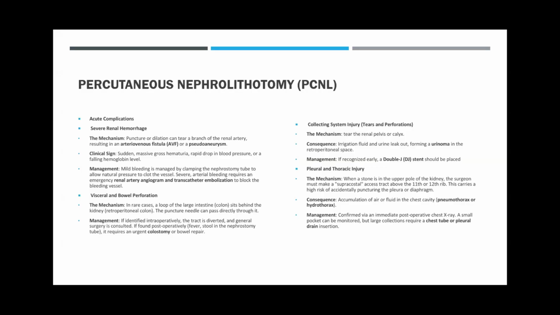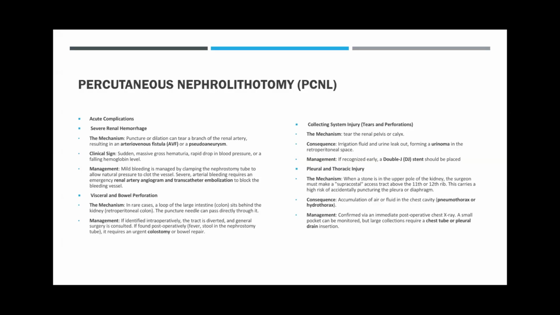Then also one of the acute complications is visceral and bowel perforation. It's a rare case, and it can affect the loop of large intestine. The colon sits behind the kidney in the retroperitoneal space, and the puncture needle can pass through that colon.